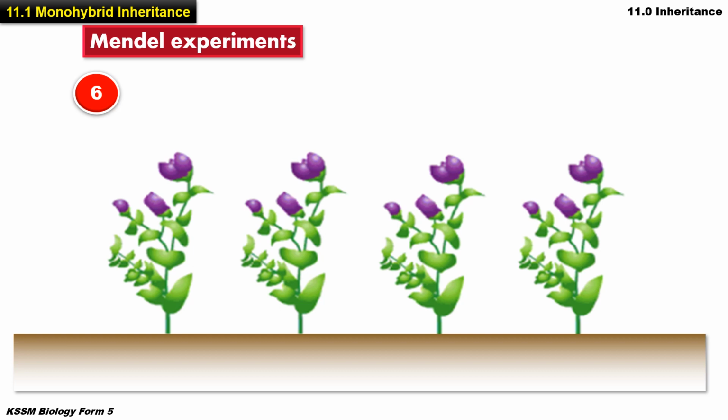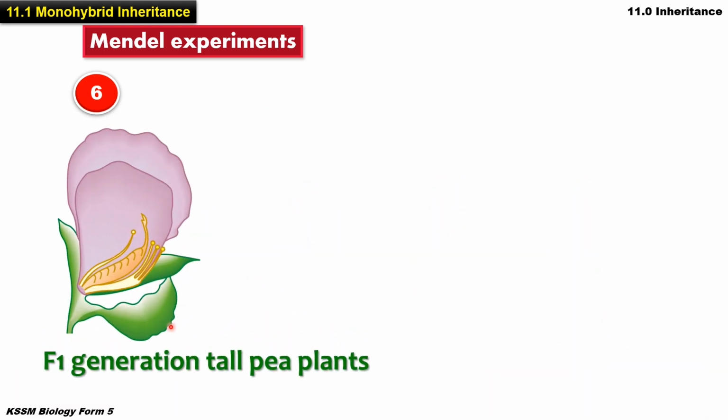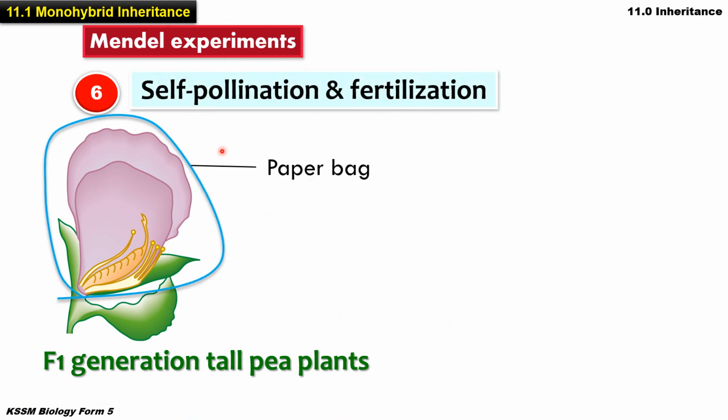Tak. What Mendel did is, Mendel took the F1 generation, and Mendel covered it with the paper bag so that self-pollination can occur. Maksudnya, dalam ni ada pollen grain kan, so pollen grain ni akan pollinate pergi kepada stigma ni, so self-pollination berlaku.